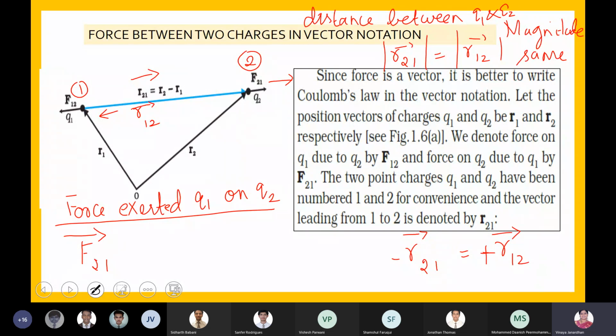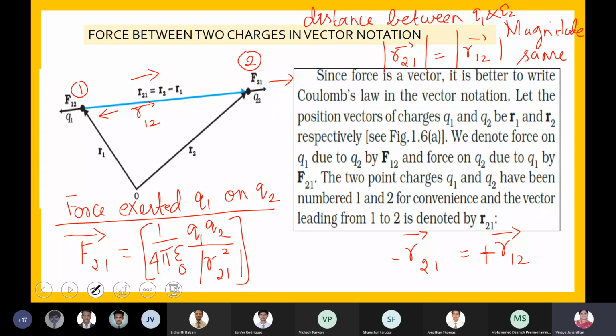So a vector should be represented by its magnitude. Magnitude is 1 by 4 pi epsilon naught, product of both the charges and the square of the distance between them. Square of the distance is, what is the distance between them? It is R21 squared, right? I'll just put this as the magnitude so that you will understand it better.